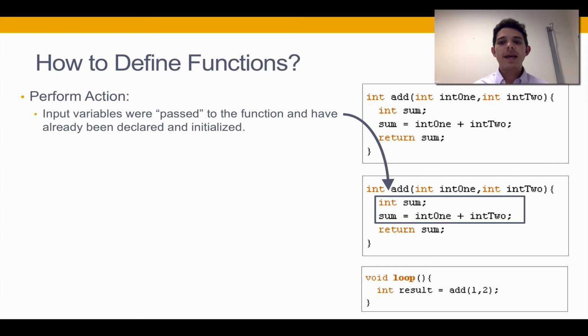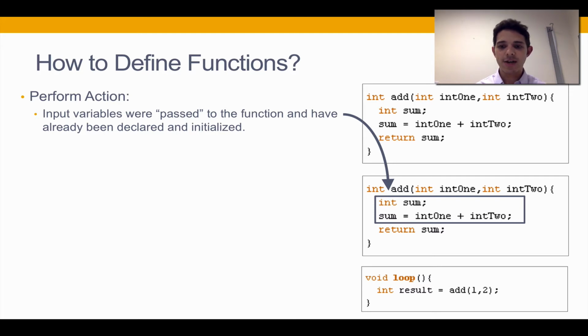Next, we will write what actions this function will perform. So what will happen here is we'll get the input variables that are passed into the function, and they've already been declared. And from there, we will perform some action on these inputs. So in this case, we're going to take the inputs int1 and int2, and we're going to sum them up.